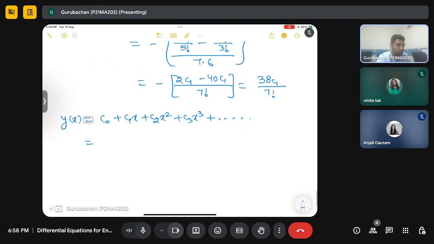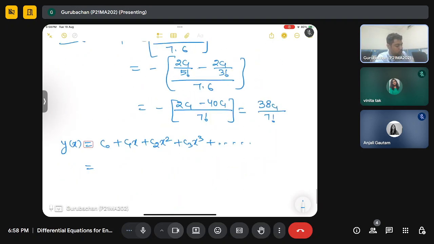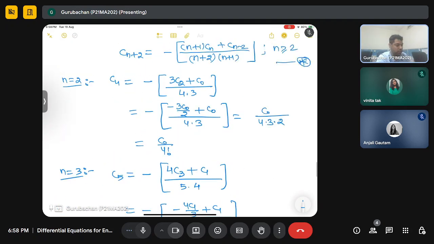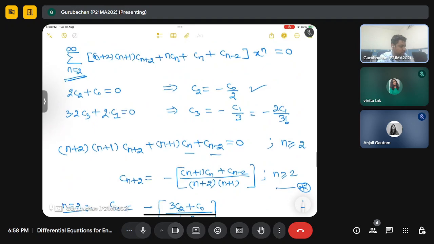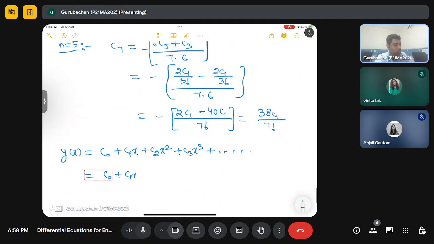But we will do a little smart work. We combine the C0 coefficients on one side and the C1 coefficients on the other side. We also don't know C1, so we need two arbitrary constants since it's a second order linear ODE. So it has two solutions.